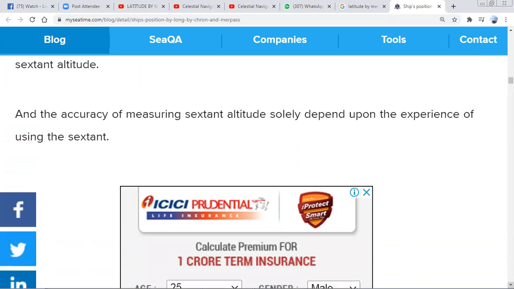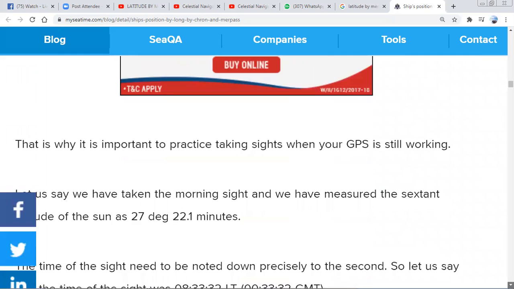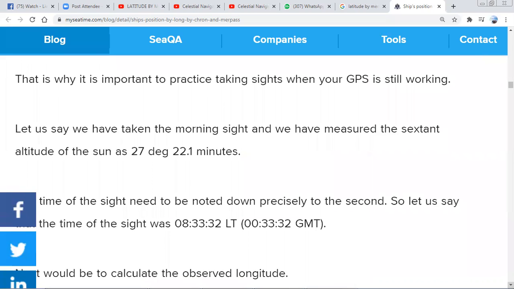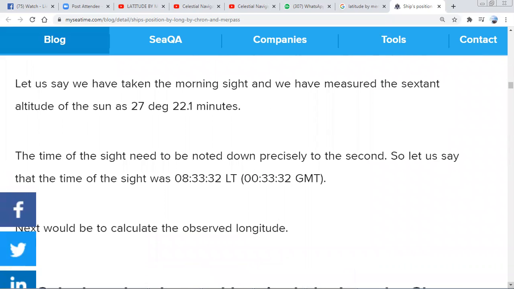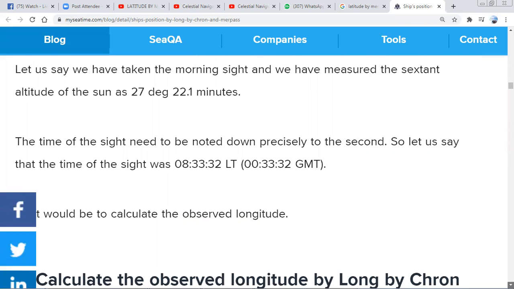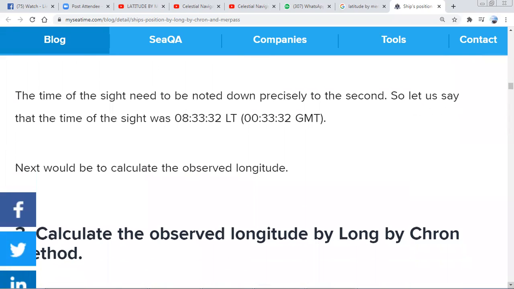We have a separate video on how to measure our sight accurately. It is most important to practice sights often, and it's also a requirement everywhere that you should have a sight. Let us say we have taken a morning sight and our sextant altitude of the sun is 27 degrees 22.1 minutes.